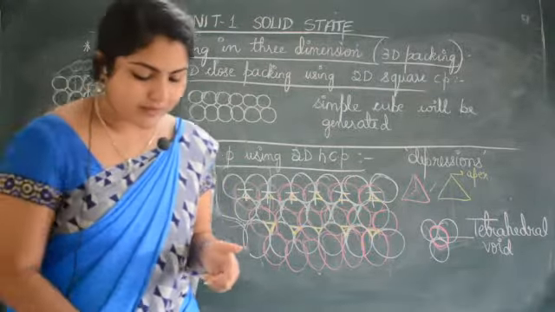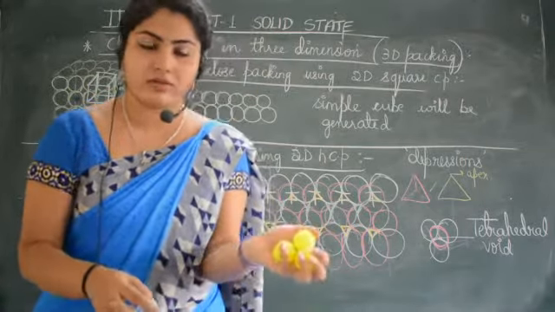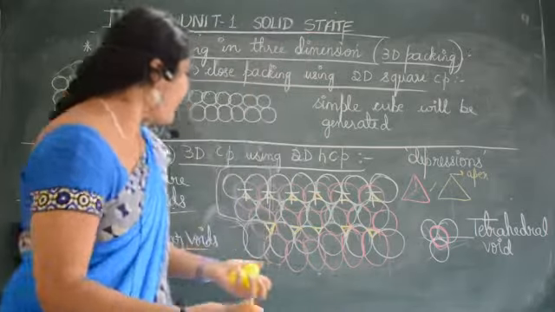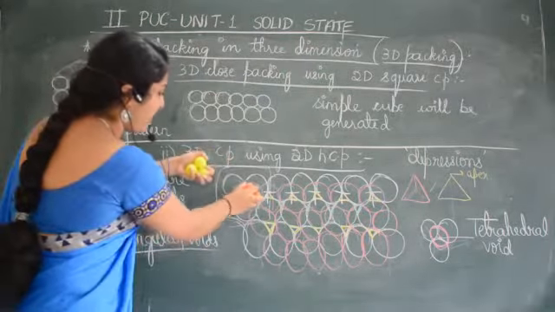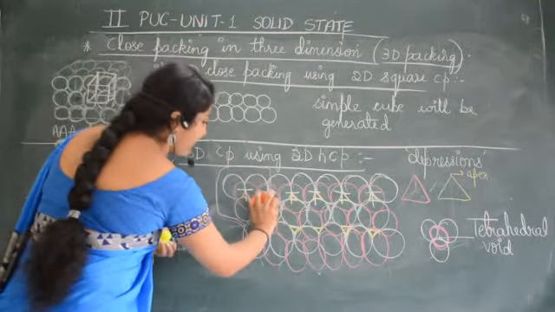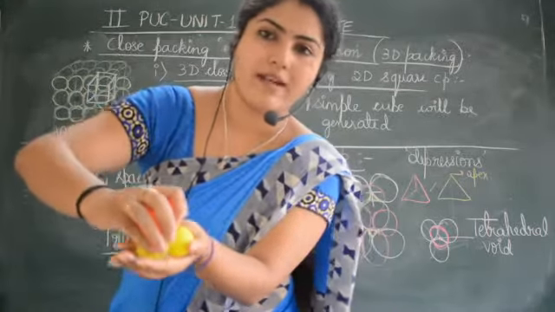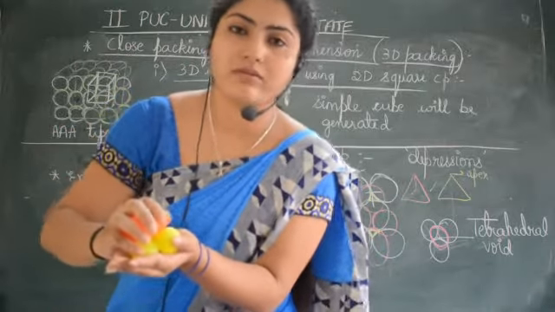You know how 6 spheres? 3 are below, and 3 spheres here, 1, 2, 3, and these 3 spheres here this way. See, they are arranged like this, one above the other, the layer. 3 above, 3 below.